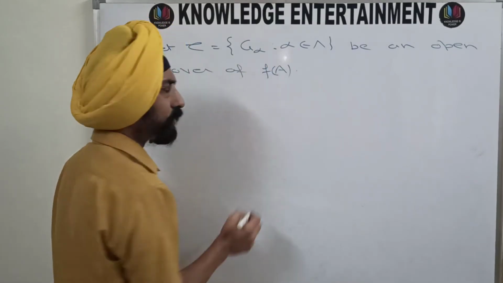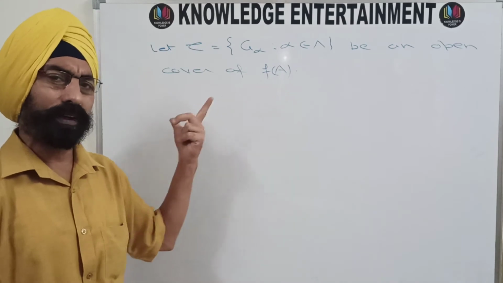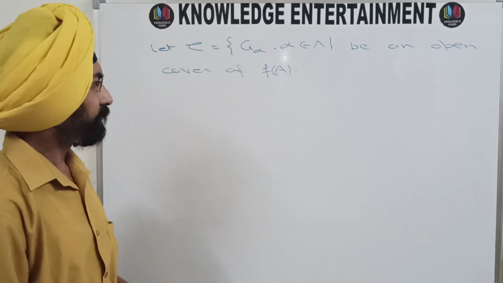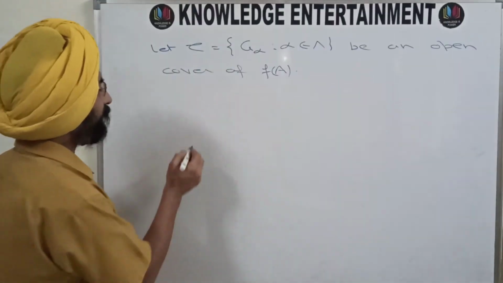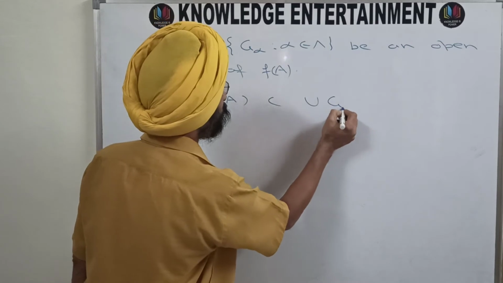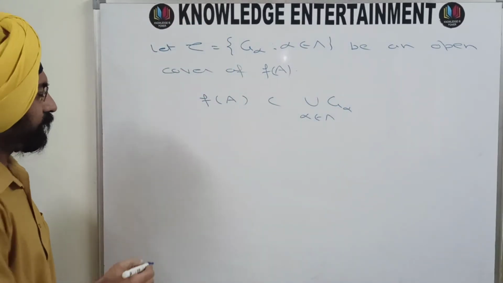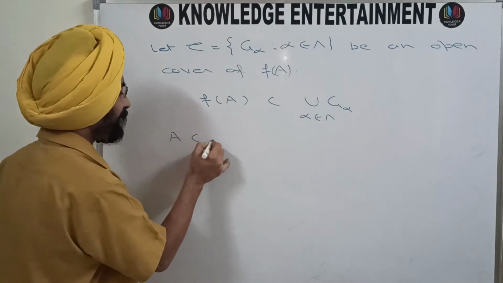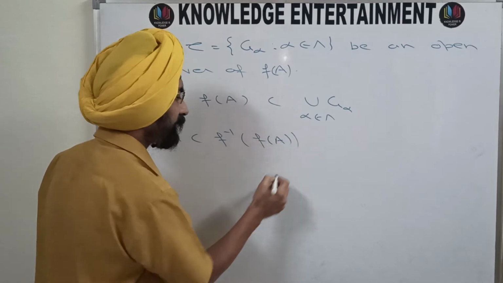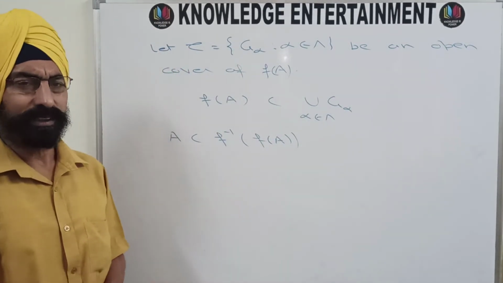Because we have to show that FA is compact, we will take an arbitrary open cover of FA, and then we will try to find its finite subcover. So here F of A is a subset of union of G alpha, alpha belonging to lambda. We know that A is a subset of F inverse of F of A. This is well known to us from set theory and functions.